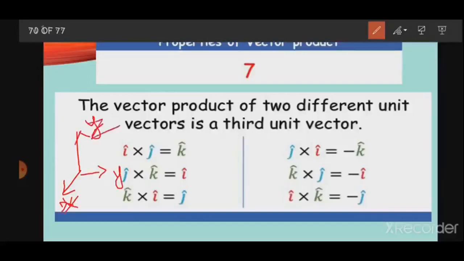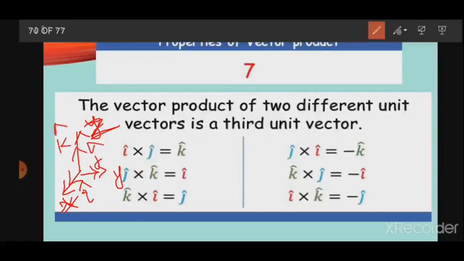Sorry, this is z. Now the orthogonal unit vectors: i unit vector along the x component, j unit vector along the y component, k unit vector along the z component. Are you clear?